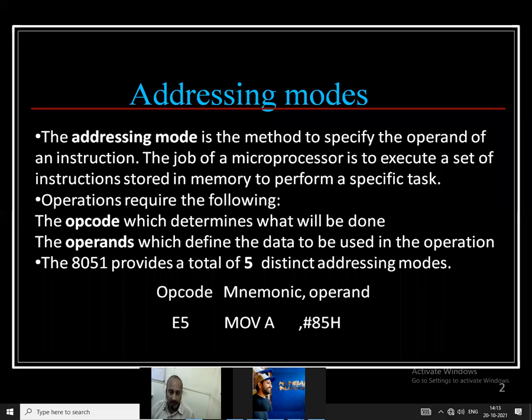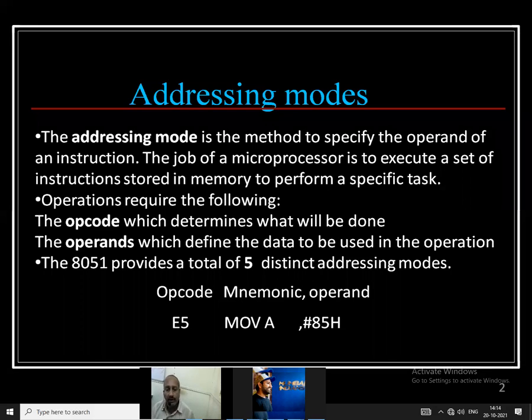If you remember, in your second year digital techniques you learned data conversion. E is 1110, correct, and 5 is 0101, correct. In that format this coding is stored.